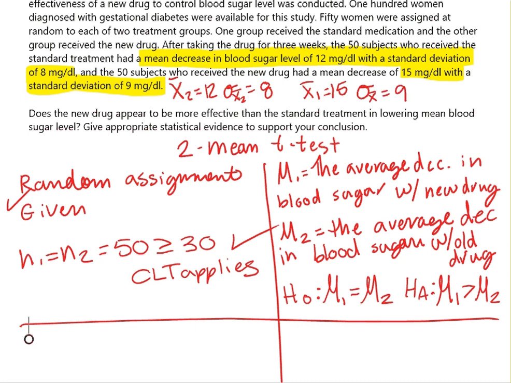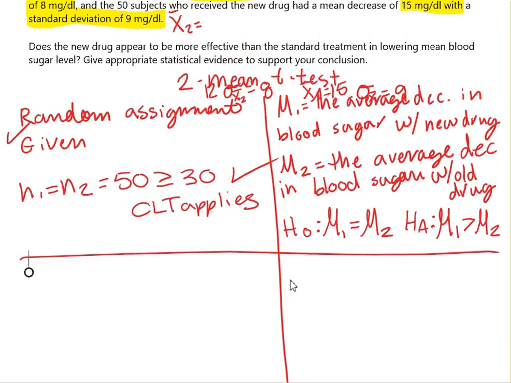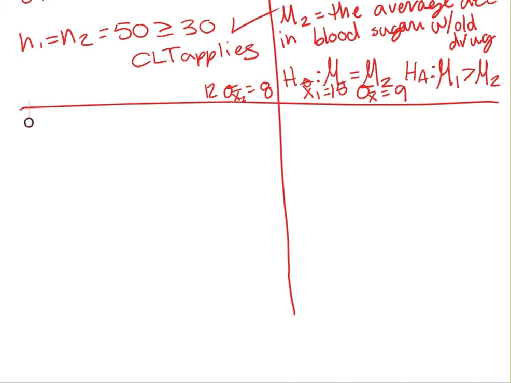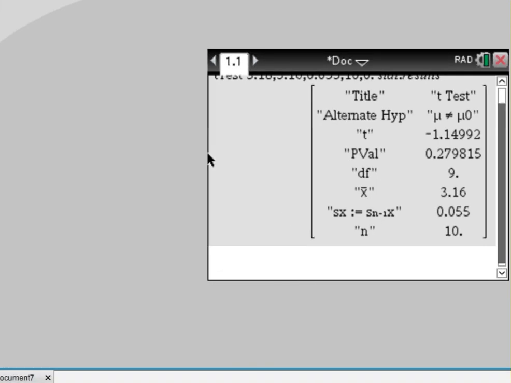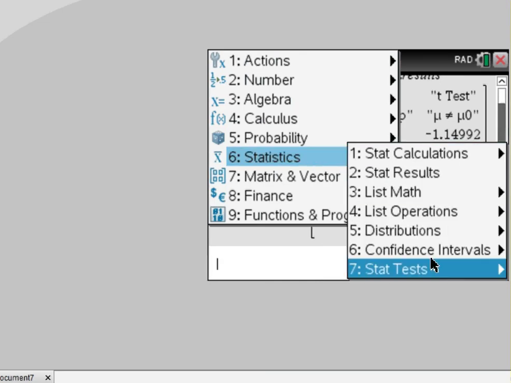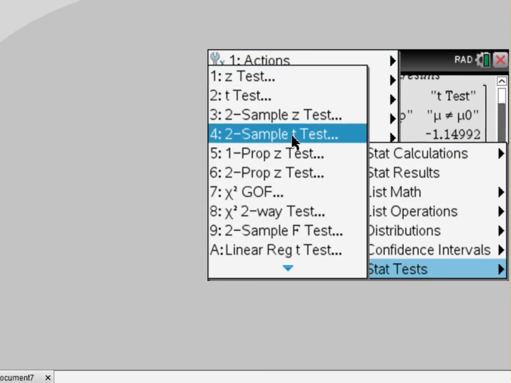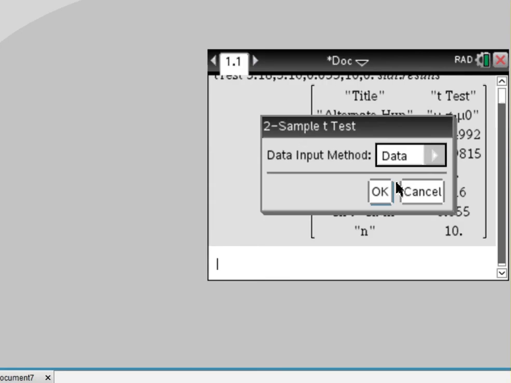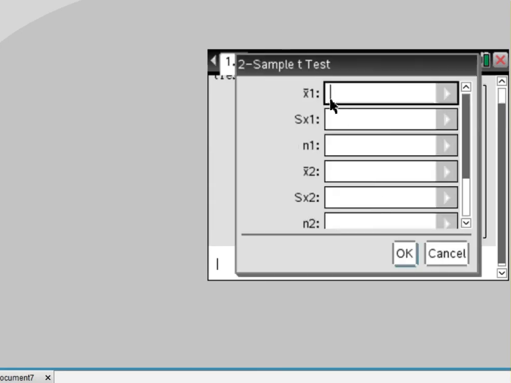So menu, statistics, stats test. I'm doing a 2-sample t-test. And here I have statistics again, so I'm going to hit that. So my x bar 1, remember this is the new drug, that had a mean decrease of 15 with a standard deviation of 9, and there were 50 people.